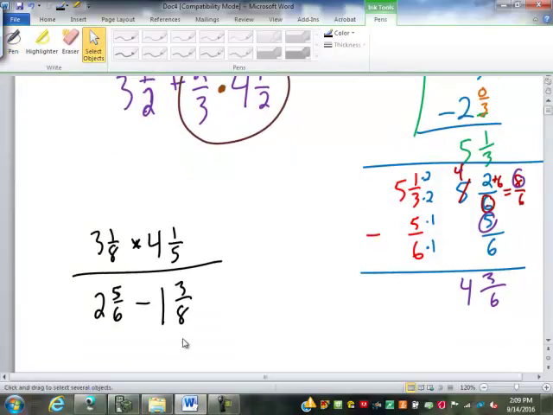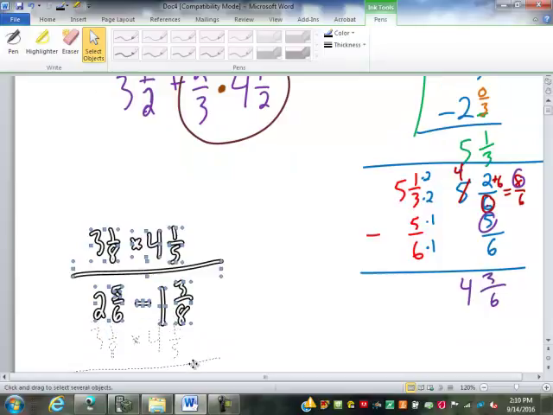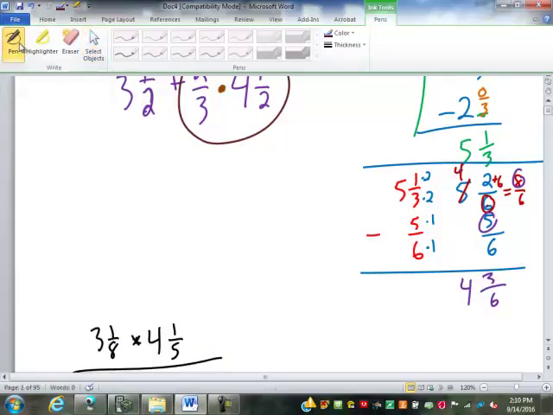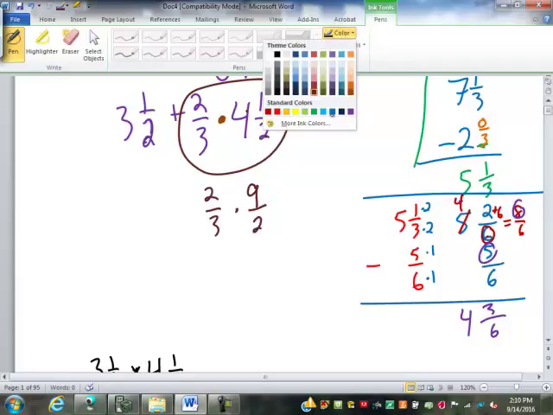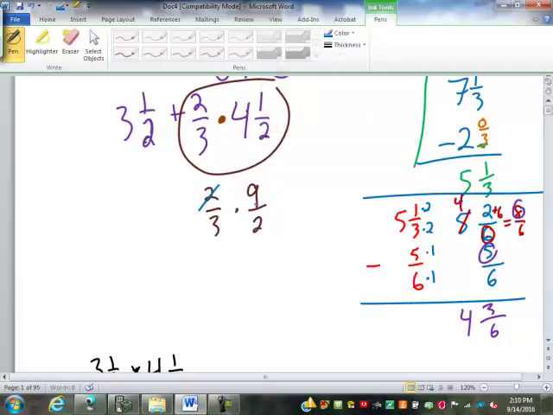So I'll make some more room here yet. So 2/3 times 4 1/2 is going to become 4 times 2 is 8 plus 1 is 9 halves. The 2's cross cancel to give me 1 and 1, both divide by 2. 3 and 9 can divide by 3 to give me 1 and 3. 1 times 3 is 3. 1 times 1 is 1.